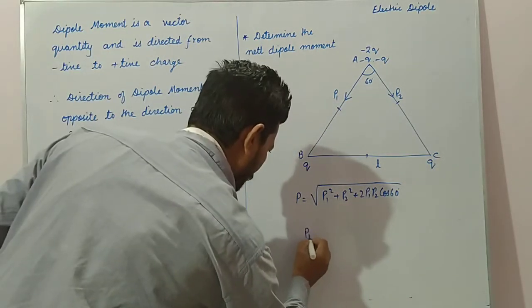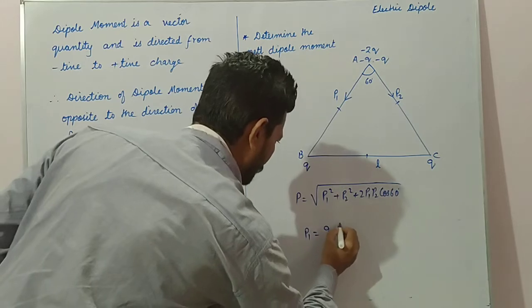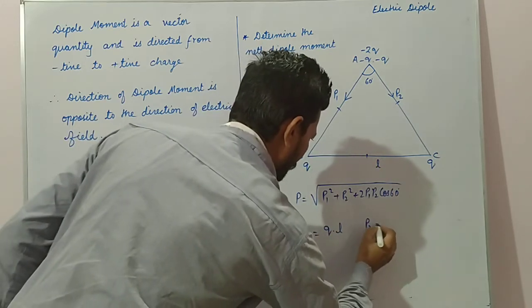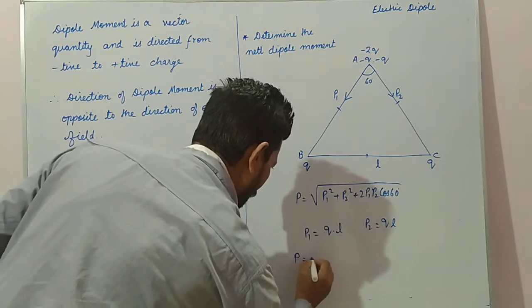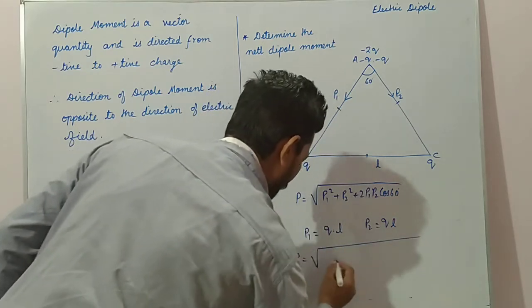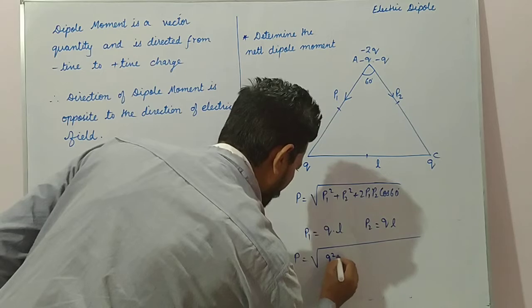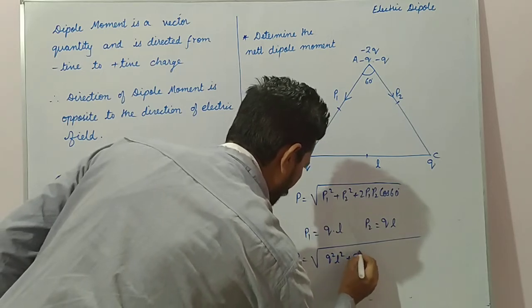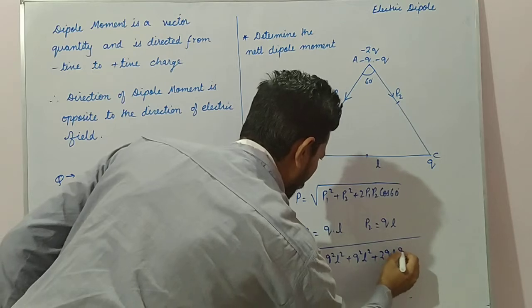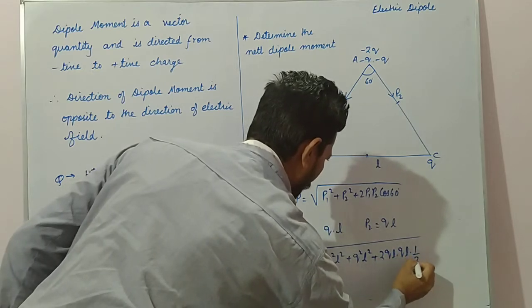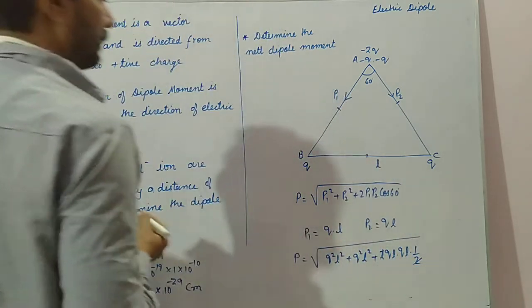P1 is any one charge q, distance L. P2 is also q into L. So P is equal to the square root of q square L square plus q square L square plus 2 qL into qL, cos 60 is 1 by 2, so this will cancel out.